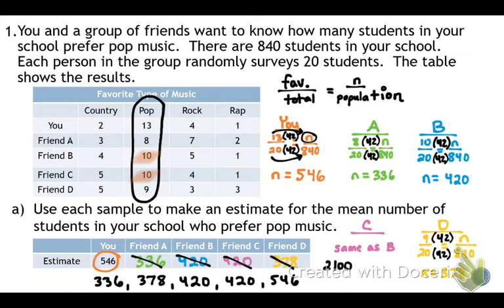Make sure you're putting the right numbers in there. 2,100. I have to divide it by the number of numbers in my data set. How many numbers were there? 5. Divided by 5. And this number is going to give us the mean number of students in your school who prefer pop music. What's the answer? 420, and then we're going to put units attached, students.